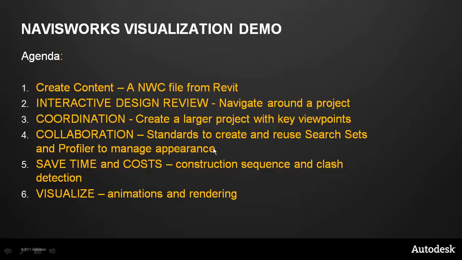For example, if I wanted to highlight my cold water supply pipes in blue and my hot water supply in red, there's a very easy, quick way to do this that was added in 2012. To save time and cost, I'll create a construction sequence and I'll do a clash detection, and then under visualize I'll actually create some animations and create some rendering, and I'll try and do all of this within maybe 45 minutes.